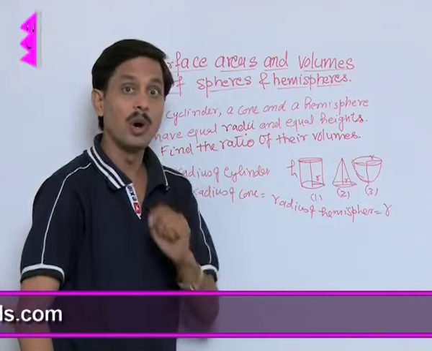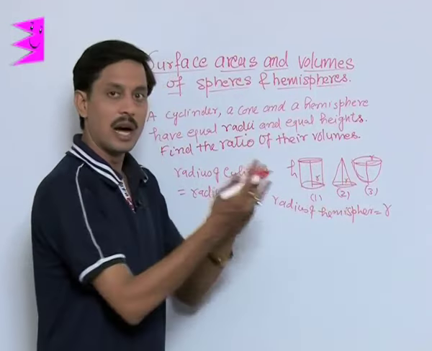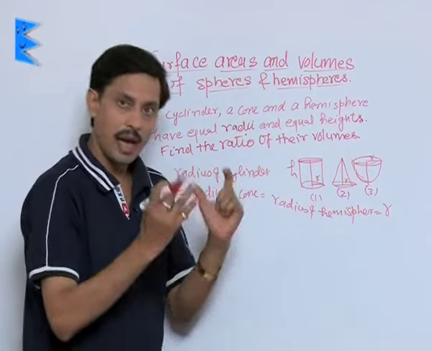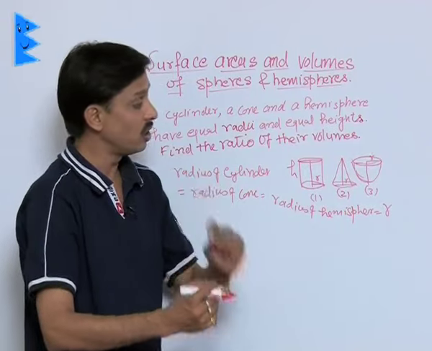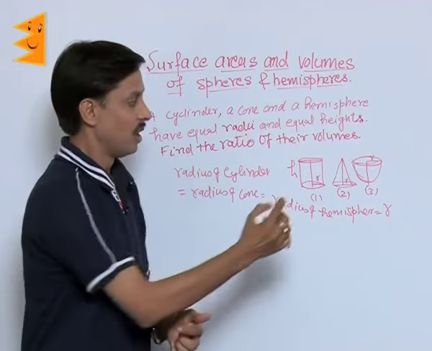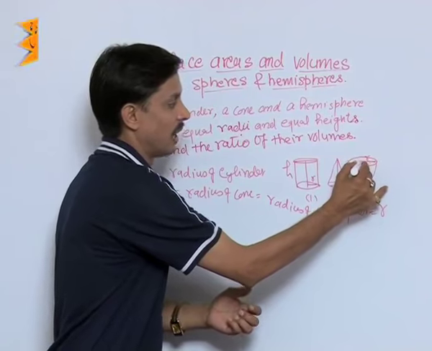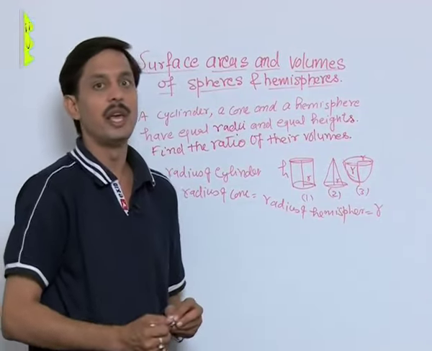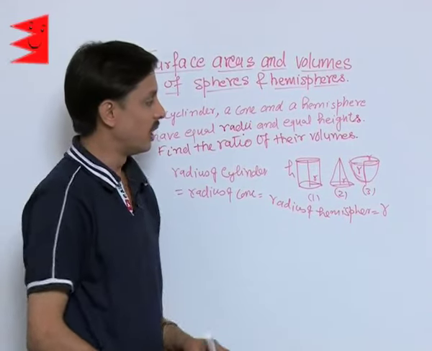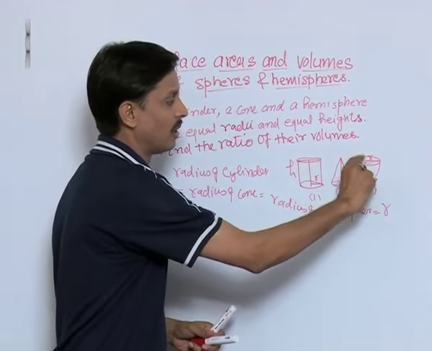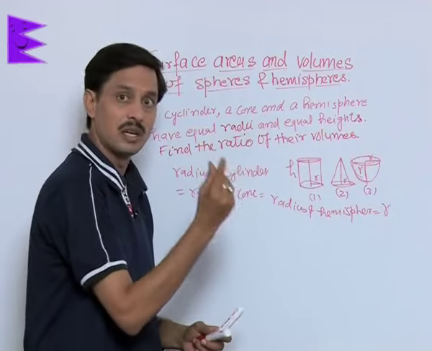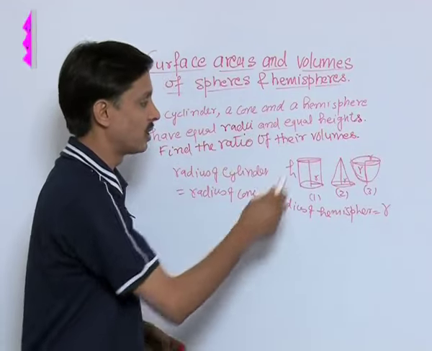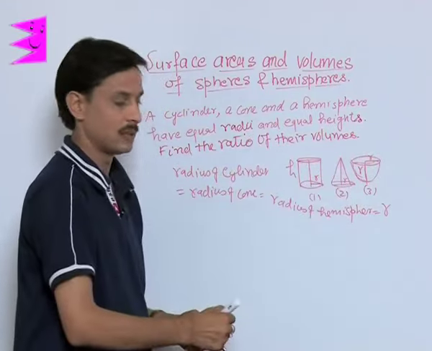You have to note here that the height of a hemisphere is always equal to its radius, because if this is the radius and this is also the radius, the height of the hemisphere is the same as its radius.